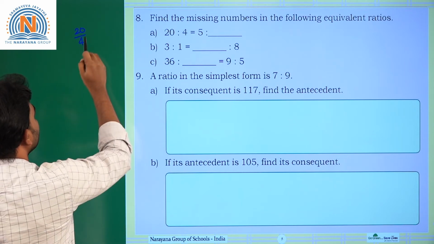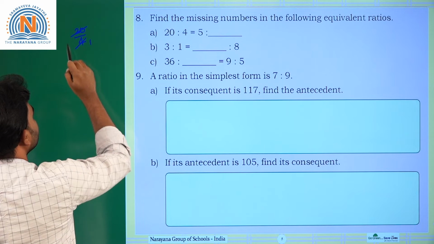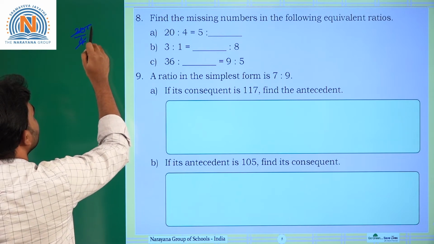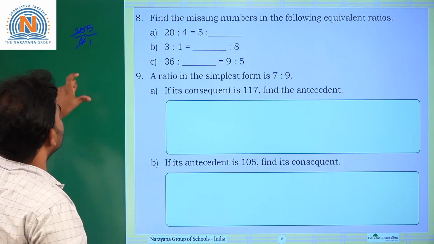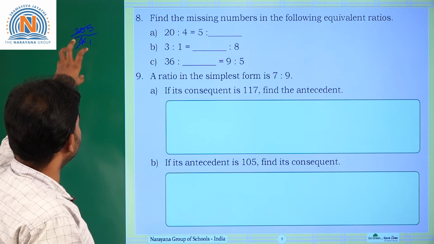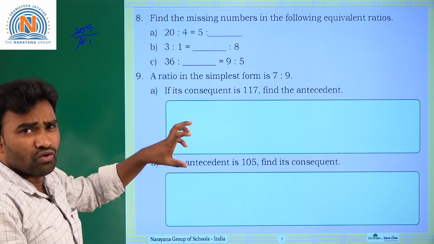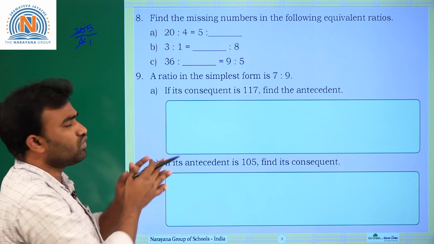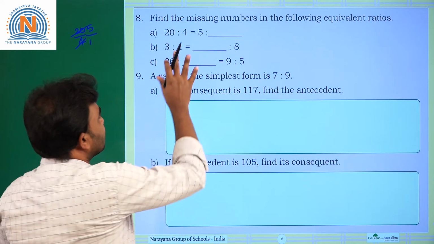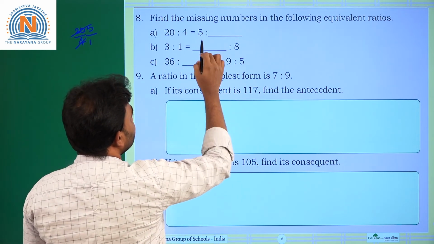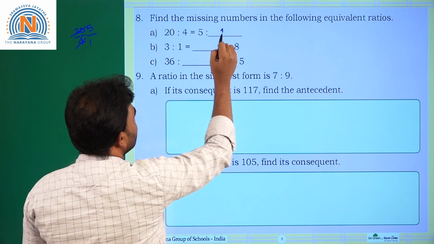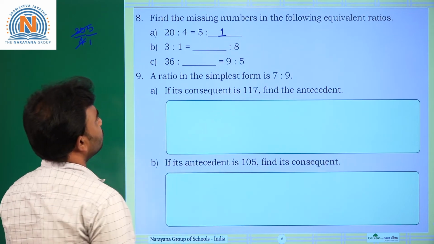Now the simplest form of this is, 4 ones 4 and 4 fives 20. So the simplest form of 20 by 4 is 5 by 1. That means 20 is to 4 is 5 is to 1, and in the given ratio 5 is to dash is given. So in dash we will get 1.